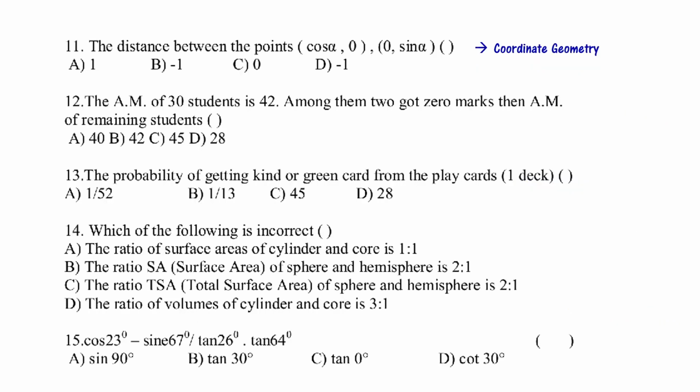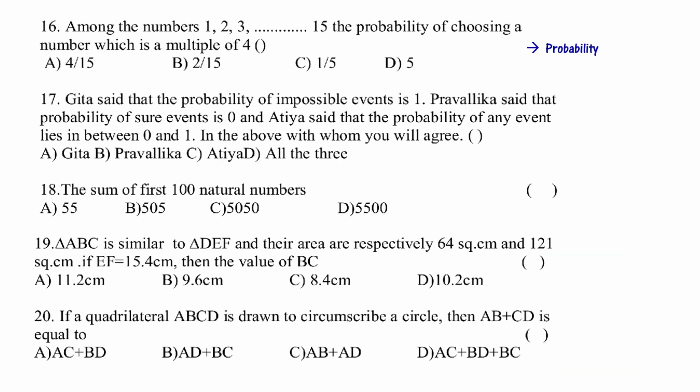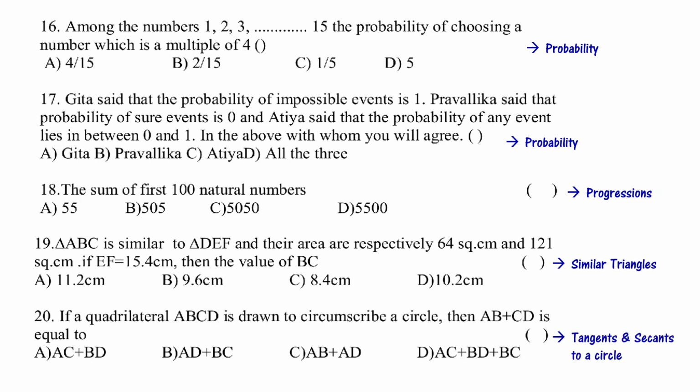The 11th one is also from coordinate geometry. 12th is from statistics, 13th probability, 14th mensuration, 15th trigonometry, 16 probability, 17 probability, 18 progressions, 19 similar triangles, 20th tangents and secants to a circle. So we are completely done with the paper.